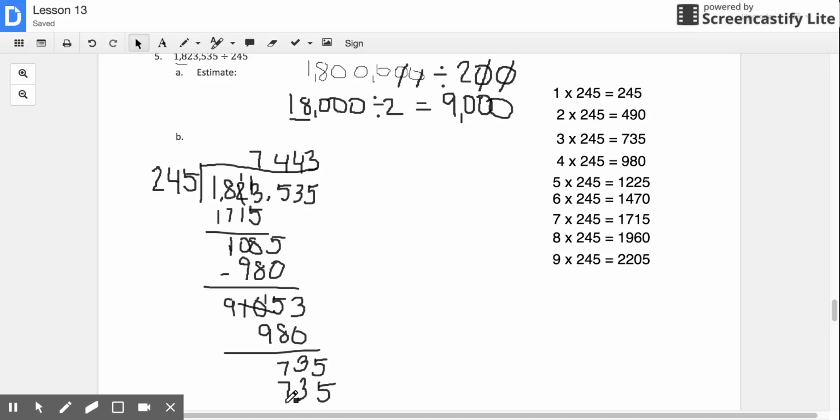Okay, when we subtract it, we get 0, and I'm running out of space, so it's going to be really small. Oh, it'll fit off the page. Okay, so next we need to check our work. We're going to multiply our quotient by the divisor and hope that we get an answer of 1,823,535.